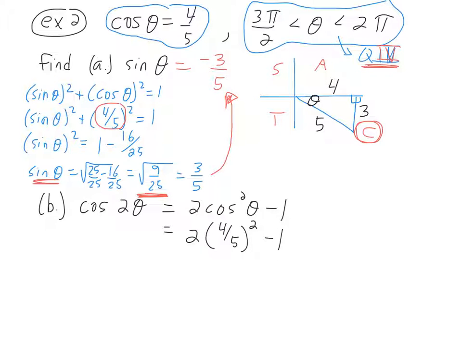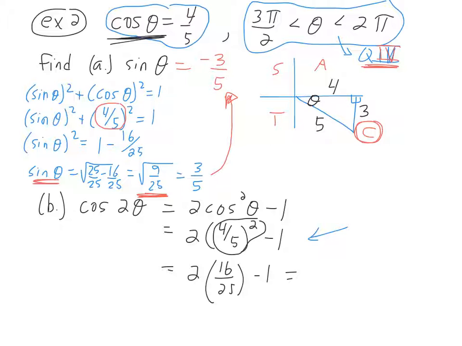So maybe let's say you couldn't figure out part A, you can still do part B based on this given fact up above. So you just have to very carefully do your order of operations. So you have 2 times 16 over 25 minus 1. Guys, I find every year that people are okay with this substitution. It's the cleaning up, it's the doing it without a calculator part that throws people off.